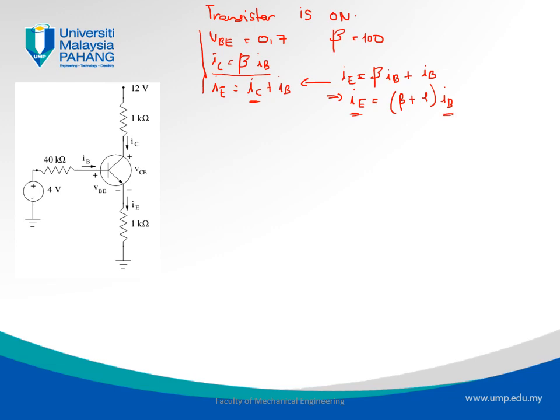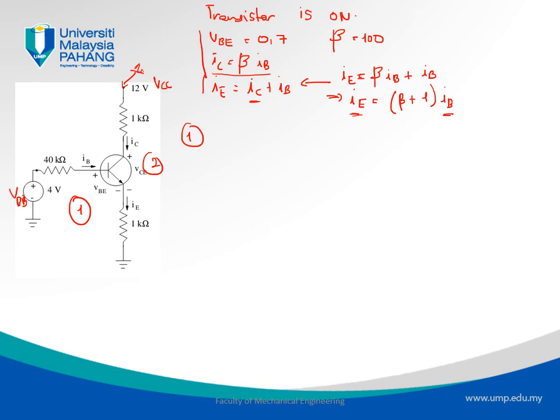So let's look back at the KVLs that we had. There was one in this loop and another one in this loop, right? We also have a ground here and 12 volts here. We call this VCC and we call this VBB.